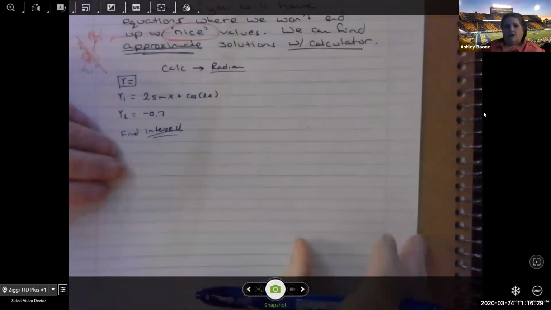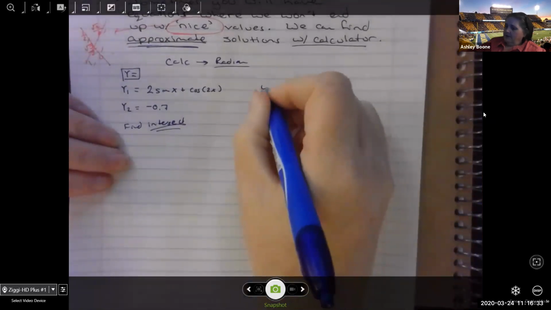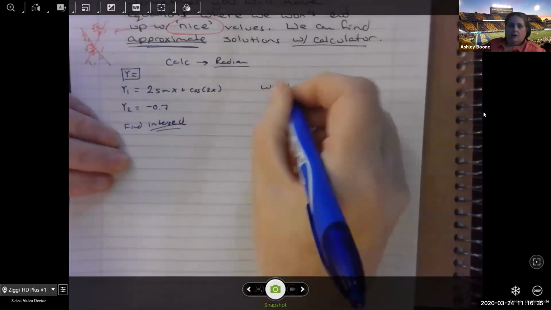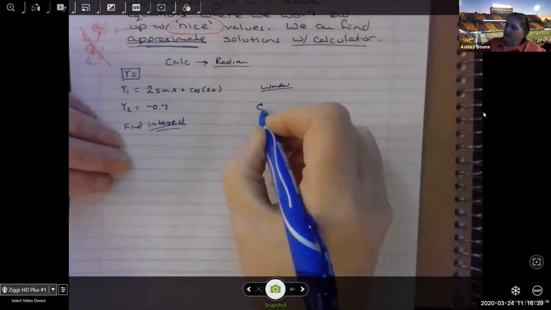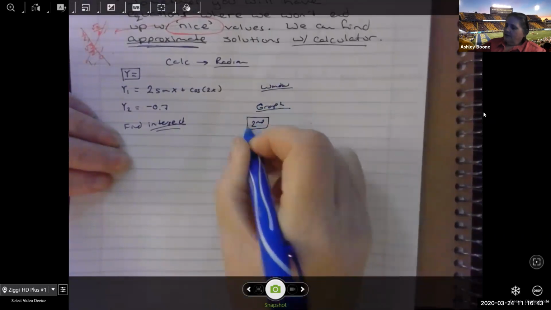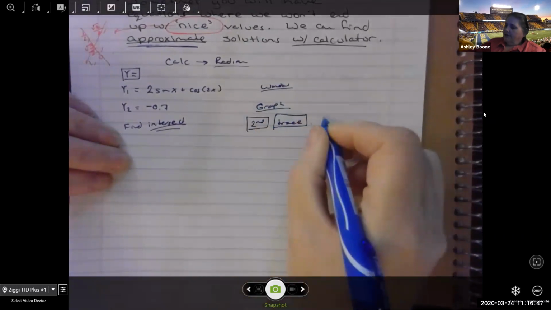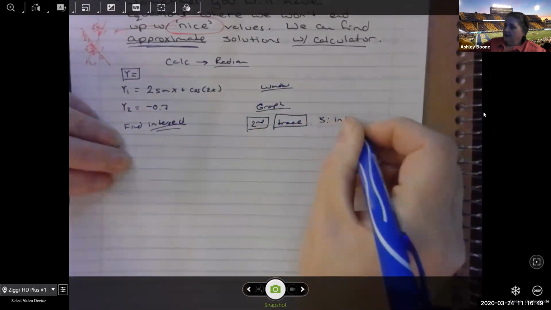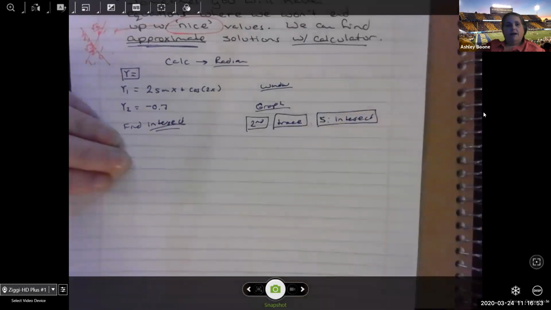Okay, so what steps did I take there? I set my window settings up. You can go back and watch the video on how I did that. And then I graphed it. Then I went second trace, and I did the 5th choice, which said intersect. And I moved my cursors and found my points.